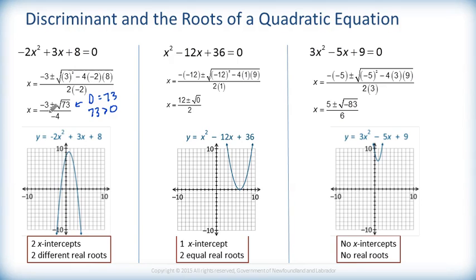So we'd have negative 3 plus root 73 is a different value than negative 3 minus root 73. So we will get two different roots. Two different real roots, actually, which is what we've said down here, because the discriminant is positive.